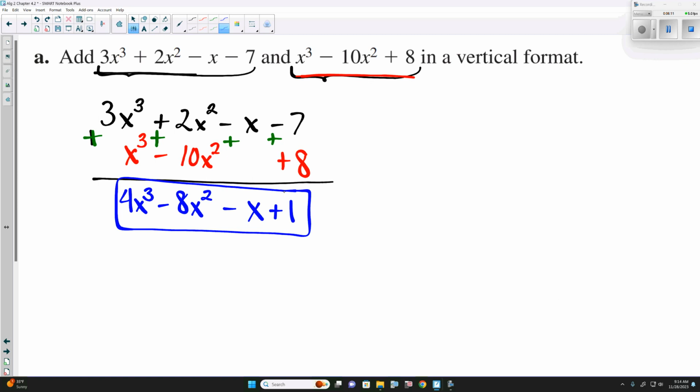That's it. Questions on this here? This is a little different. We're not used to adding polynomial expressions vertically. Most likely the last time you added two things vertically is when we looked at two numbers, 47 and 32. Put them over the top of each other and combined, added from right to left.